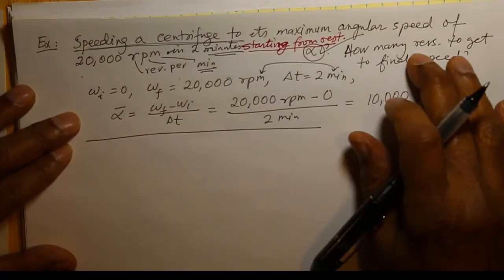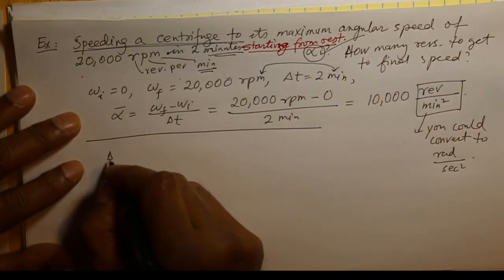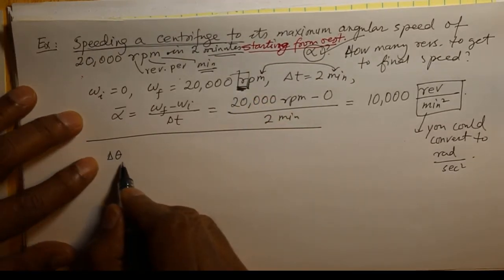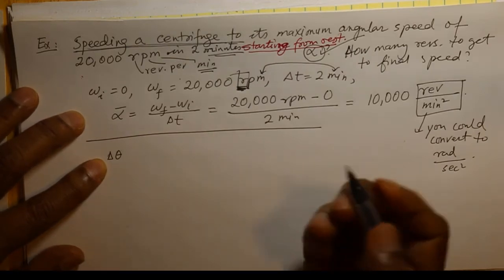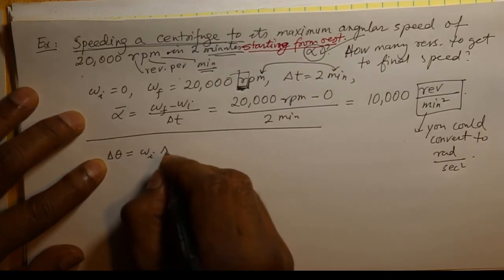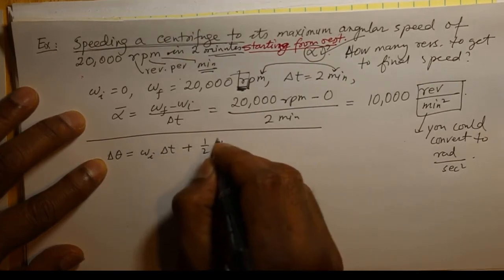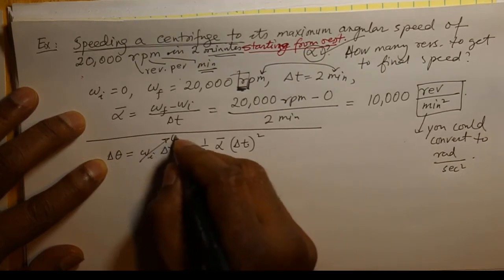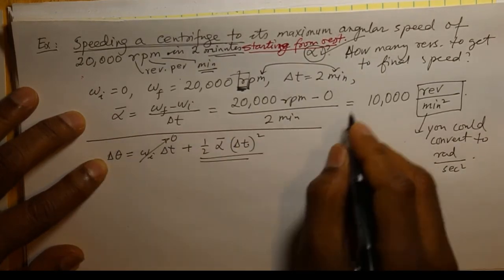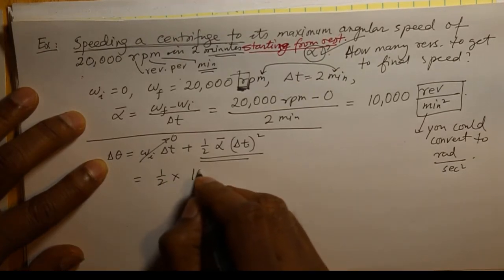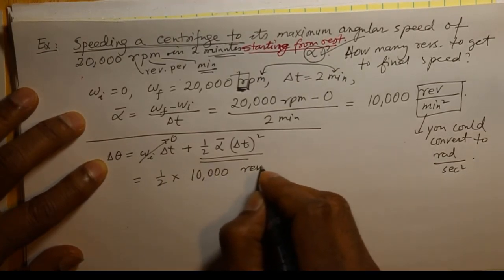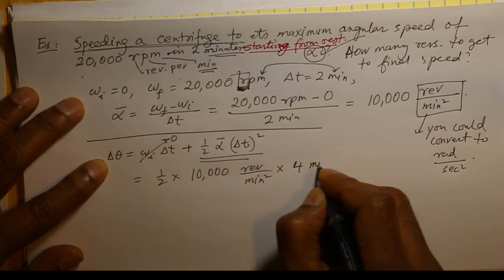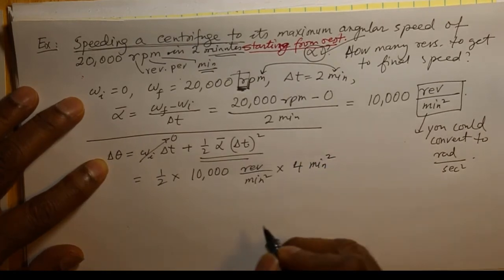So that's it. How many revolutions? This is about delta theta. Because I'm using the revolution unit, I'm going to get the answer directly in revolutions, not in radians, so I don't need to convert. So delta theta is omega I delta t plus half alpha bar delta t squared. I already know delta t, omega I is 0, and I just figured out alpha bar, so half times 10,000 revolutions per minute squared times 2 minutes squared, which is 4 minutes squared, so minute squared cancels out.